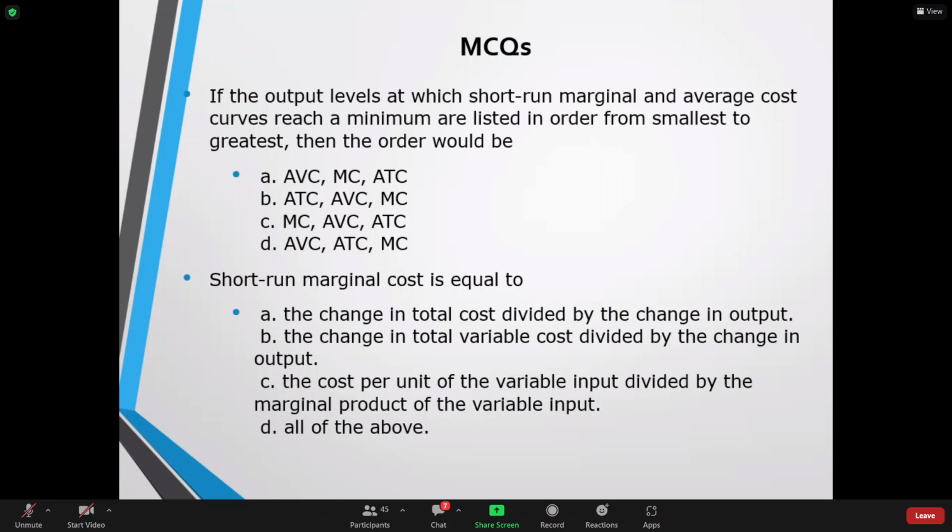It is about output levels. If the output levels at which short-run marginal, average cost curves reach a minimum are listed in the order from smallest to greatest, what is the smallest? And what is the highest?